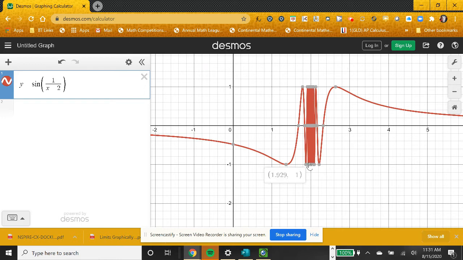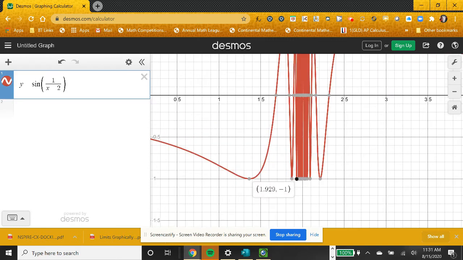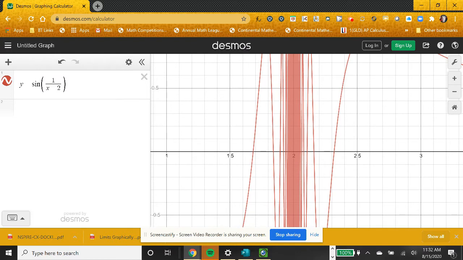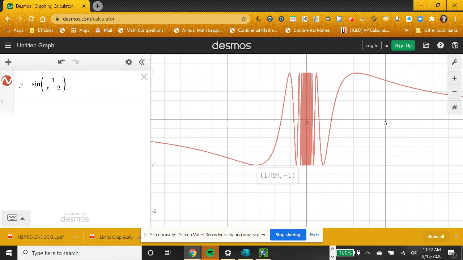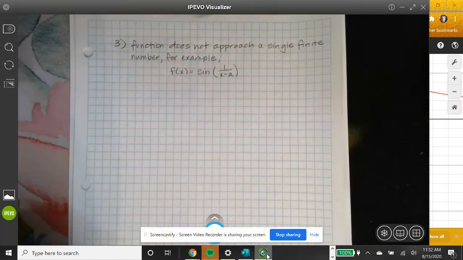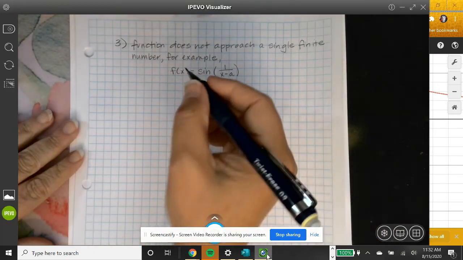And so in that case, the limit as x gets closer and closer to 2, and I mean, we could sit there and try to get closer and closer to 2, but we're going to see that we have what we call infinite oscillations there at x equals 2. Okay, so in this case, the limit doesn't exist because we are bouncing between two different numbers, and which do you choose? Well, you can't choose one because we're bouncing between two different values. So in that case, the limit will also not exist.